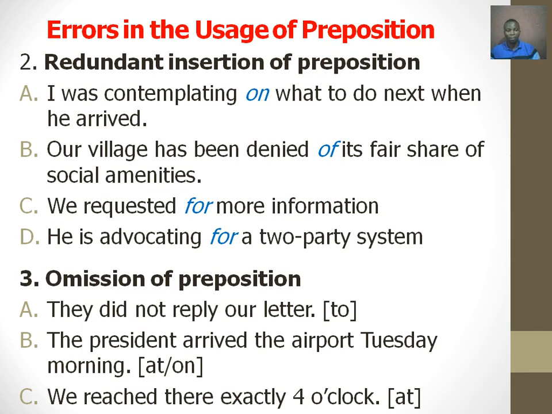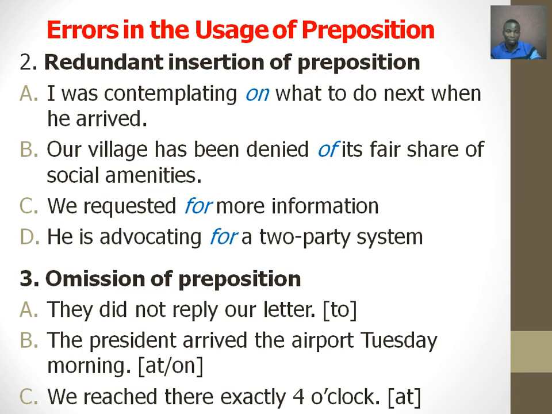The second example, our village has been denied of its fair share of social amenities. Yes, the government may have shared some amenities to local government of villages and your village was not included. Yes, that village of yours has been denied its fair share of social amenities, not denied of.